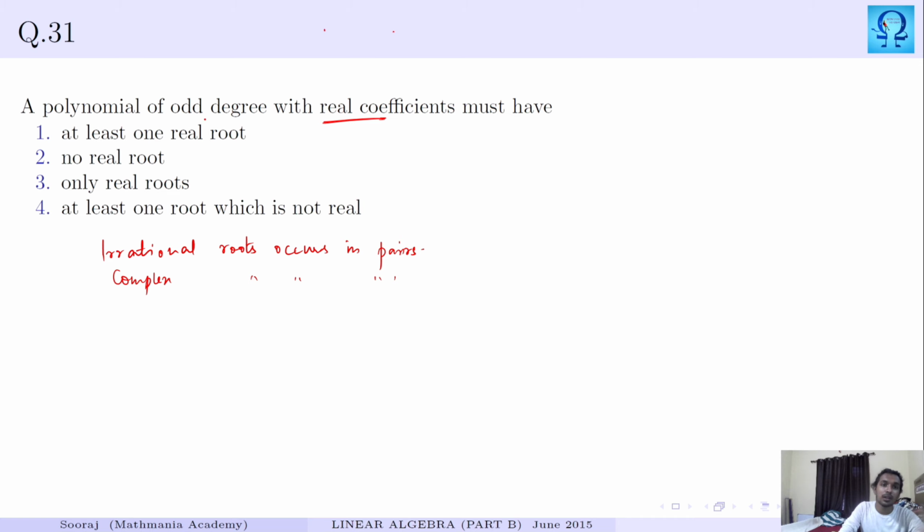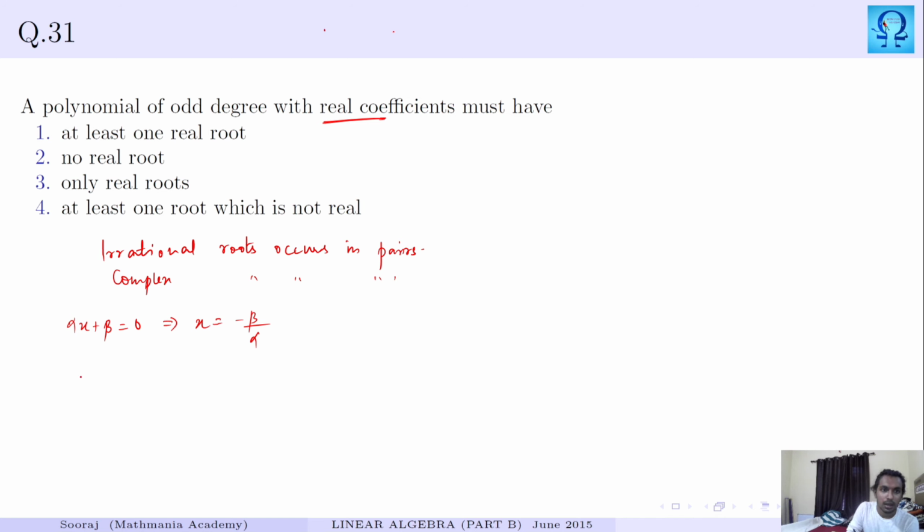A polynomial of odd degree. If roots have to occur in pairs, this will take two roots, right? So, odd degree means, let us consider, for simplicity, alpha x plus beta is equal to 0. Let this be a polynomial of degree 1. So in this case, what is going to be your x? It is minus beta upon alpha, where alpha and beta are real entries. So your x turns out to be a real entry.